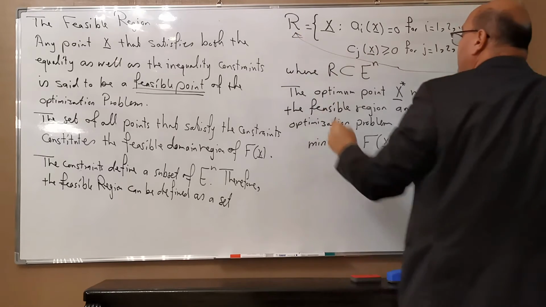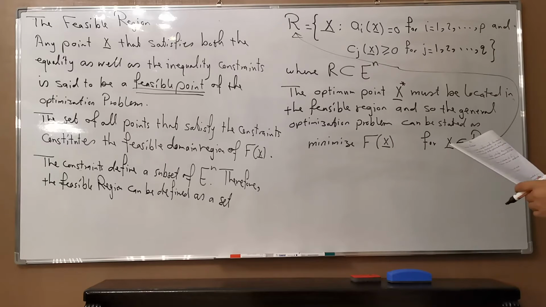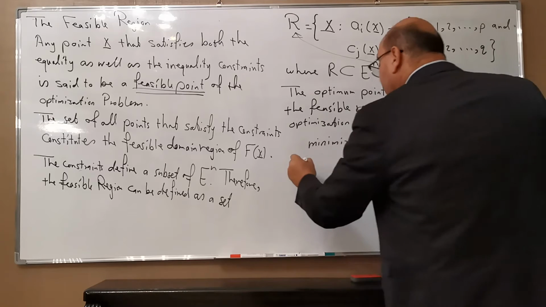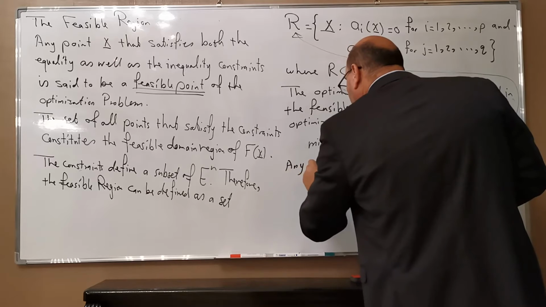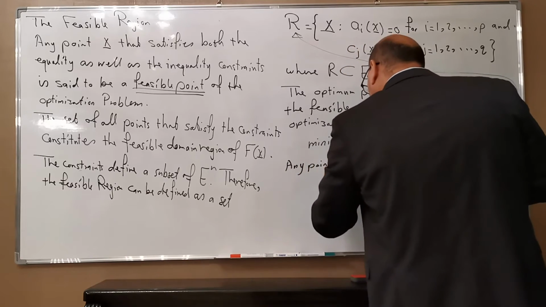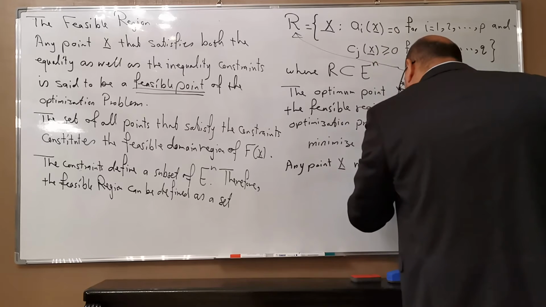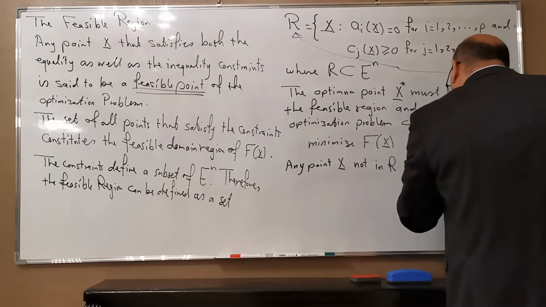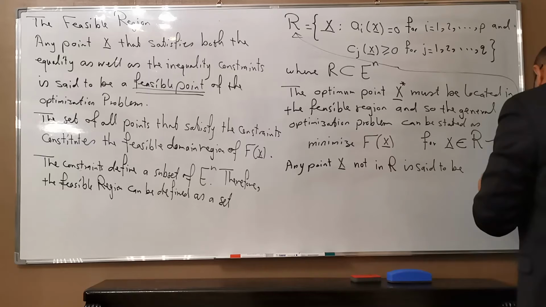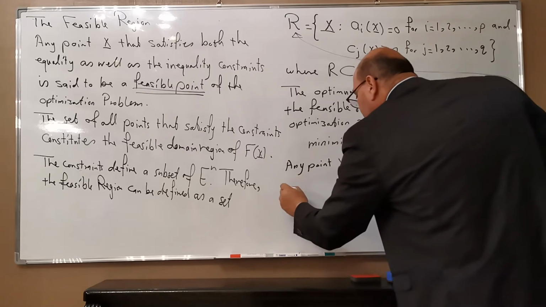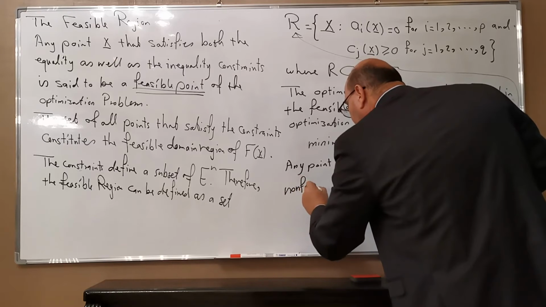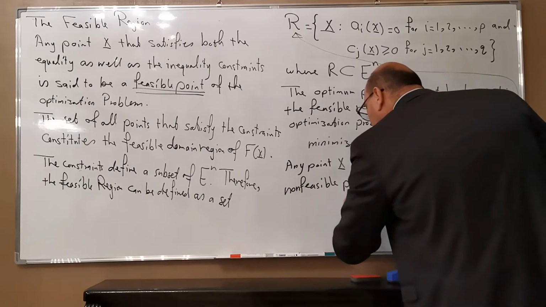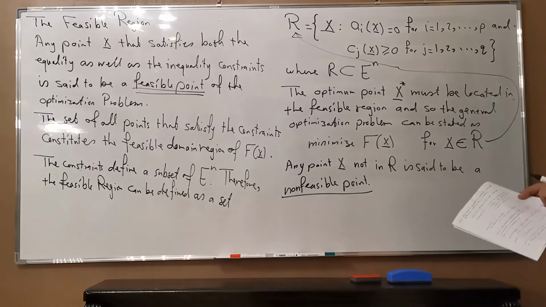So this is my R actually. So minimize f of x. Any point x not in R is said to be a non-feasible point.